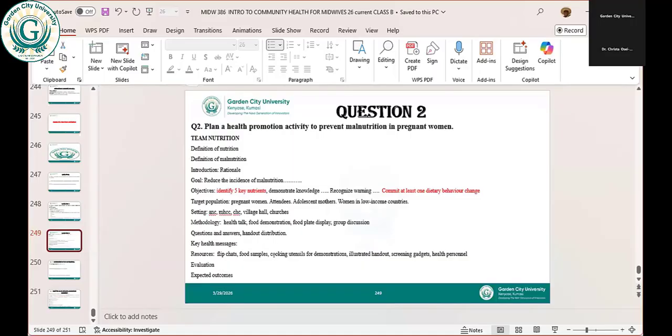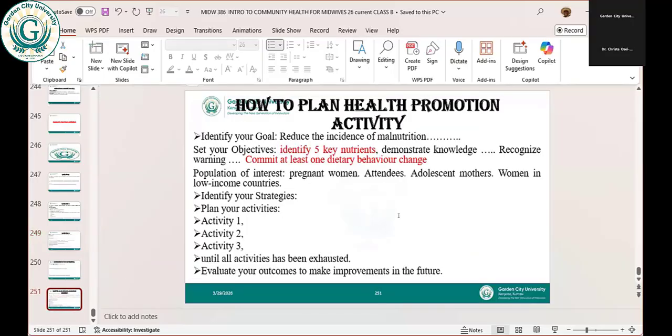Like I told those that manage the outbreak, managing an outbreak involves 3 things. So you have to put the 3 things down, and then you break them down into pieces. That is what you people were also expected to do: how to plan a health promotion activity. You identify your goal, you have it. Realize that if I'm marking, your introduction and your definitions I will not mark. It is 0. I will not score you. You have your objectives.